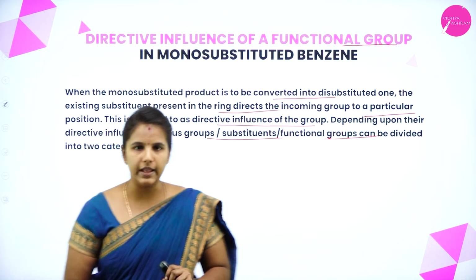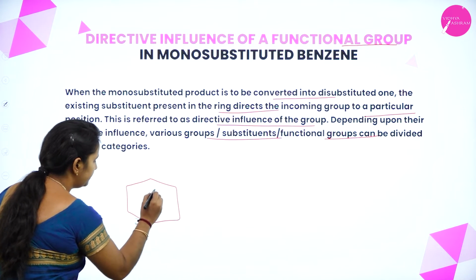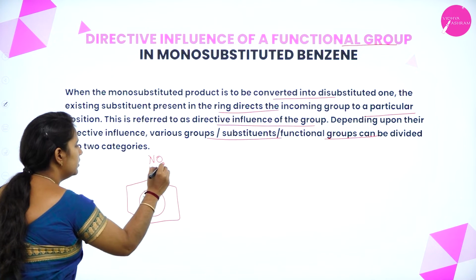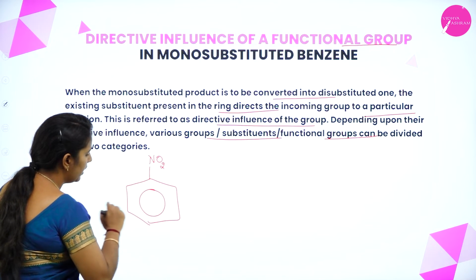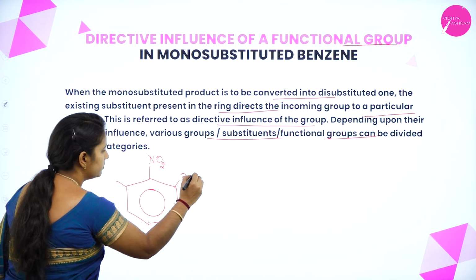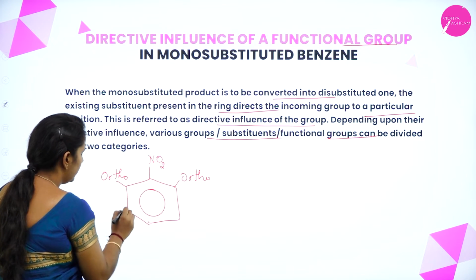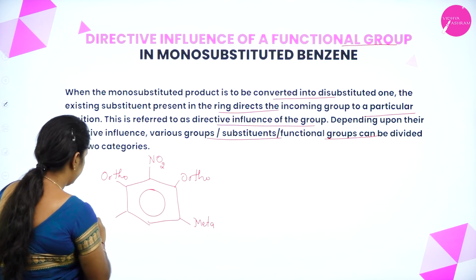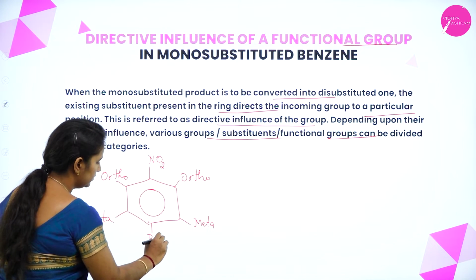So which means to say that, suppose I write a benzene ring, okay, if it is attached at a position, these two are the para, these two are the meta and these two are the ortho. Ortho, this is also ortho, this is meta, this is para.